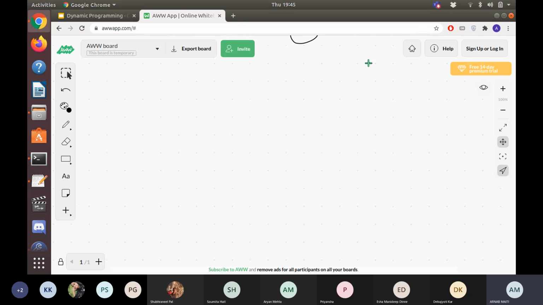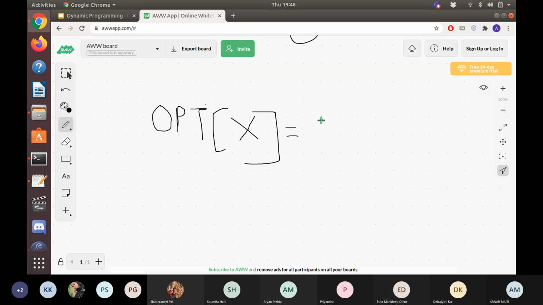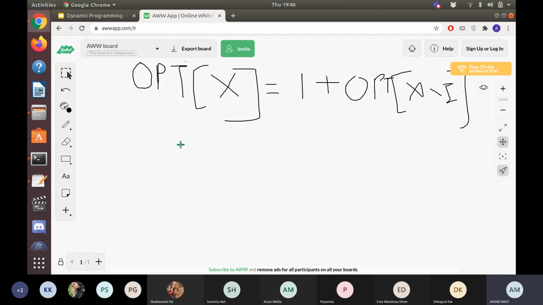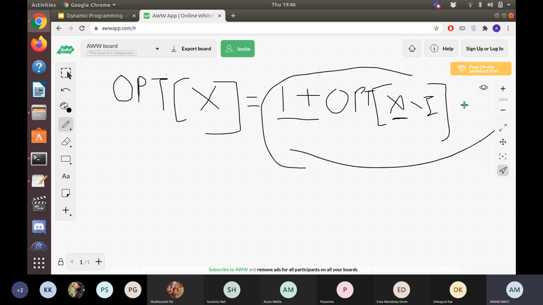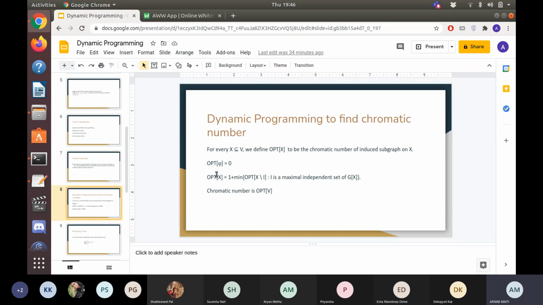So you take a maximal independent set, and then you remove it from this set X. You add one to it, and you take the minimum over all such possible I. Which is what they're doing here.